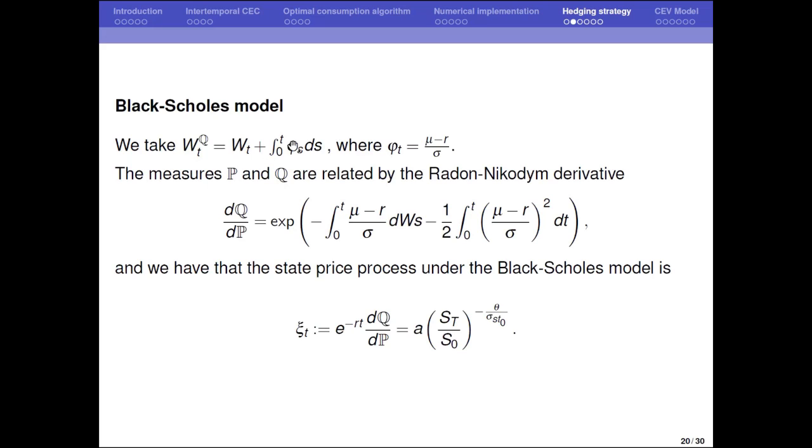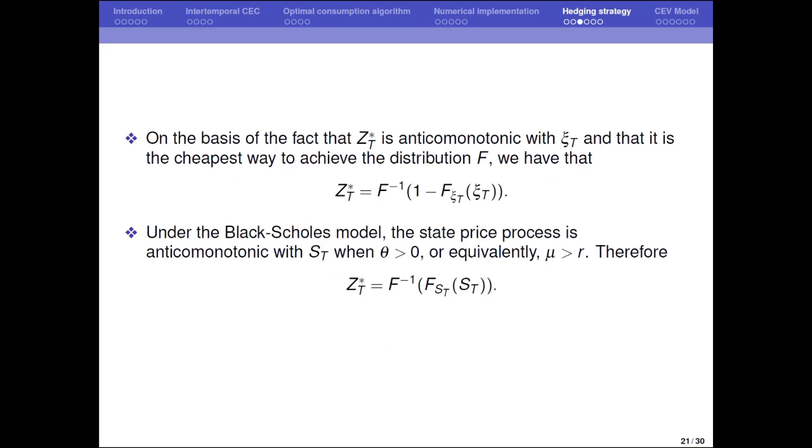That is, I use the parameter that is equal to the Sharpe ratio. So the original measure P and the risk-neutral measure Q are related by this Radon-Nikodym derivative, and that's why the price process in the Black-Scholes model I stated before has this shape, where A is the constant I showed you before.